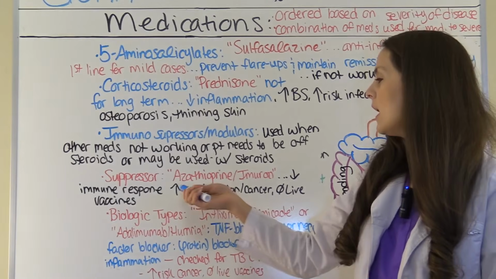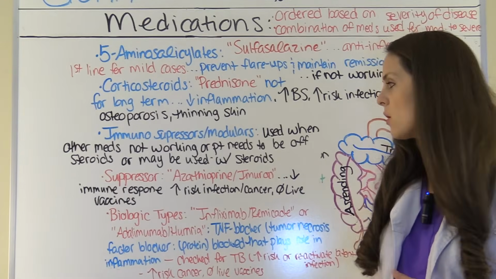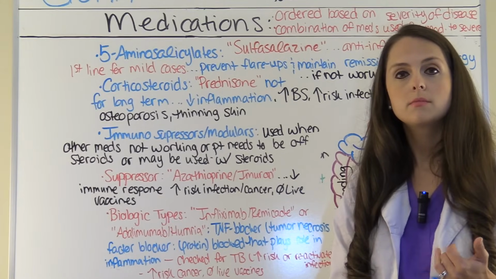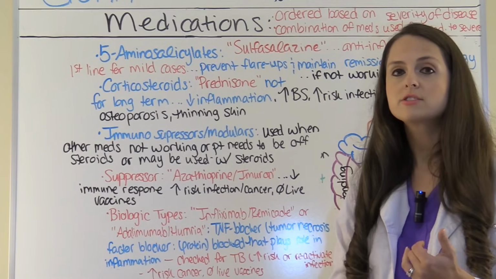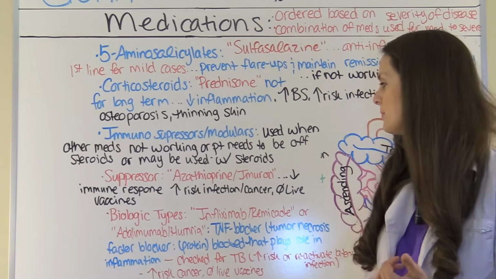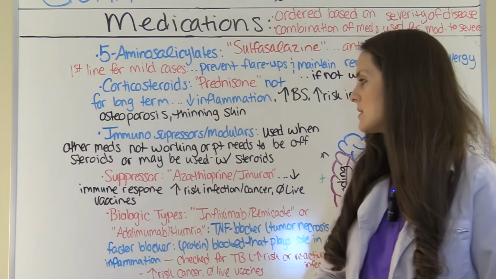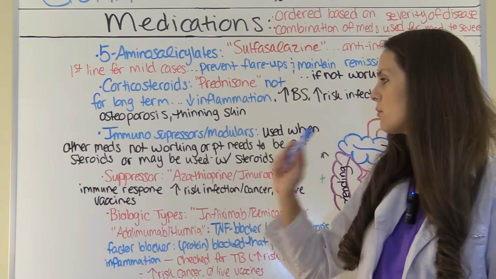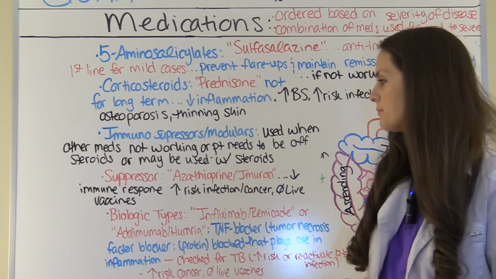One used is called azathioprine, also called Imuran, and this decreases the immune response. However, the patient is at risk for infection because we told the immune system to back off. So now invaders can come in and cause infection. Also cancer, and no live vaccines with that. So if a physician or someone comes along that really doesn't know the patient, orders a live vaccine, that should throw up a red flag. Can't give it to them because they're on a suppressor drug.